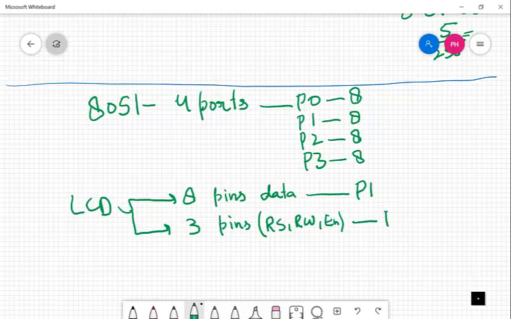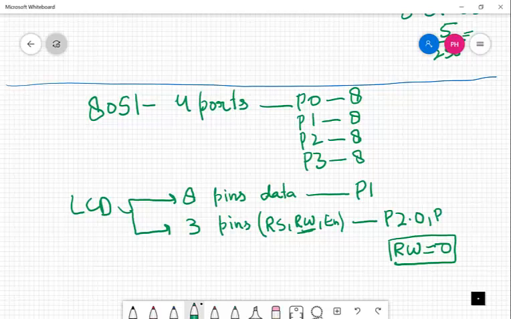We will be using, for example, pins P2.0, or we can do one small modification. Since in the last program you might have seen that we always write to the LCD, we hardly read from the LCD, and in this case also we only have to write to the LCD. When we have to write to the LCD, we have to keep RW equal to 0. So we can permanently ground the RW pin of the LCD.